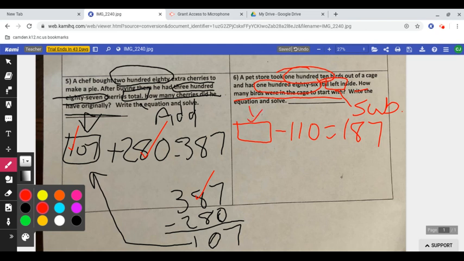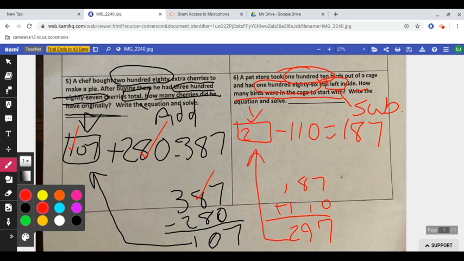Do I need that to be a big number or do I need that to be a small number? And I need that to be a big number. I'm going to take 187 plus 110. 7 plus 0 is 7. 8 plus 1 is 9. And 1 plus 1 is 2.